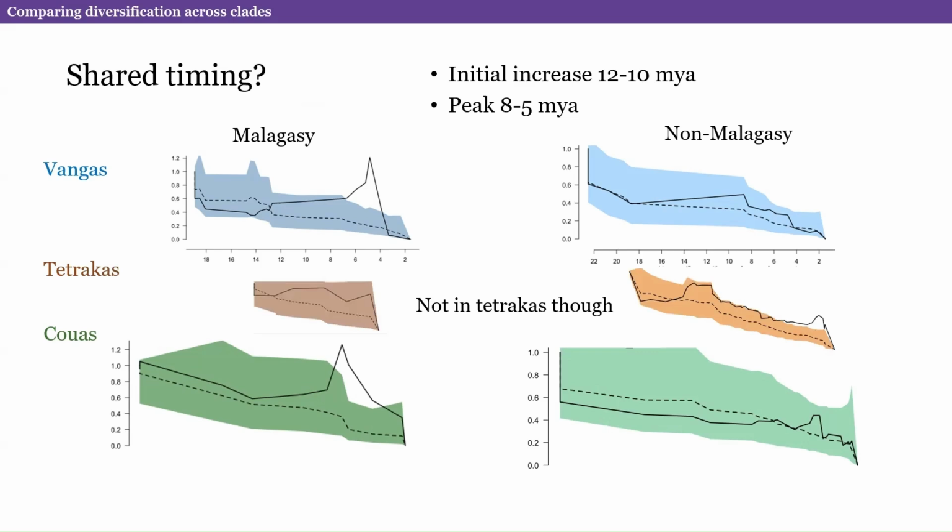But the tetrakas don't show that, as best I can tell. So there's definitely more I want to do with this, but if this is a real signal, and if this is actually congruent in time, it would suggest an external cause for this shared timing, like climatic changes occurring around that time. We're talking mid to late Miocene. There were a lot of climatic changes happening around then.